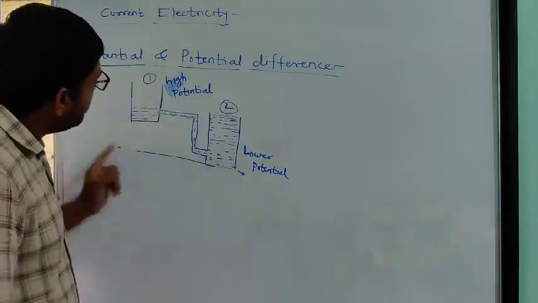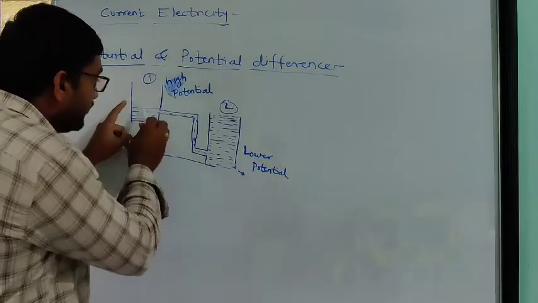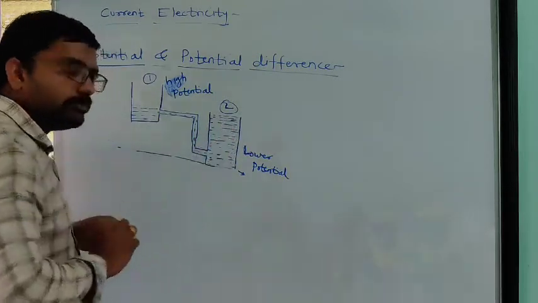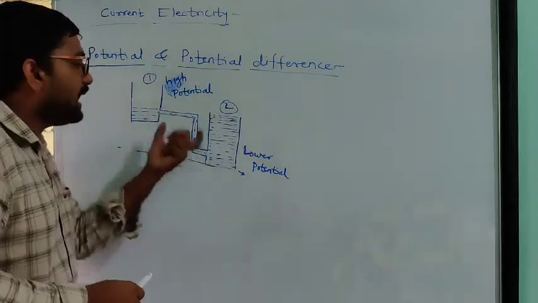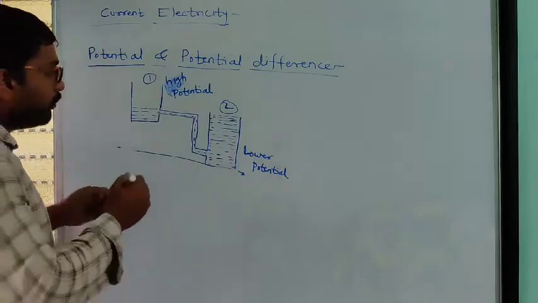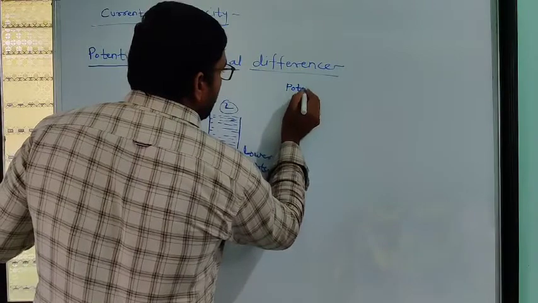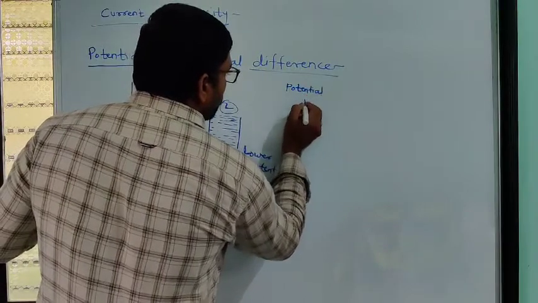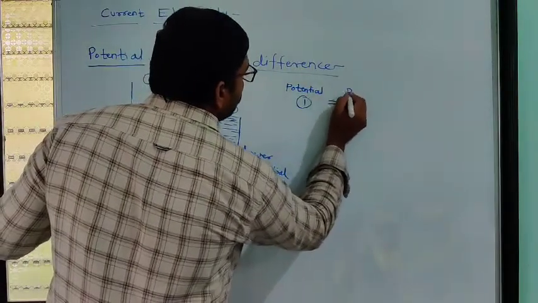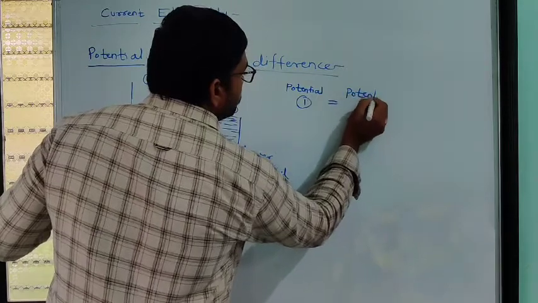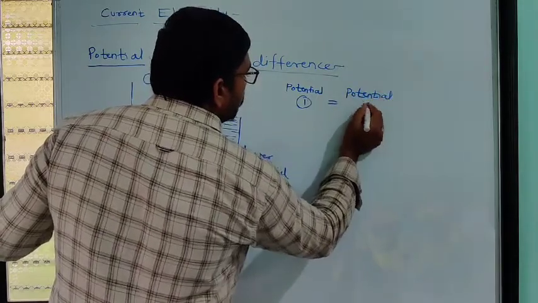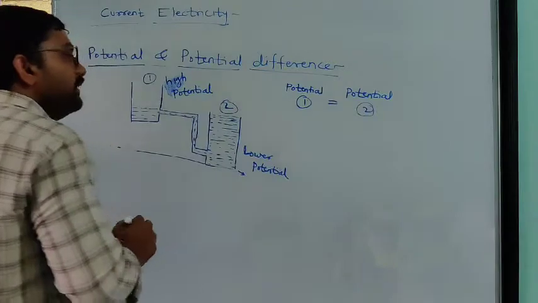This process is continuous till the heights of both waters become the same, which means the potential of the first tank will be equal to the potential of the second tank.